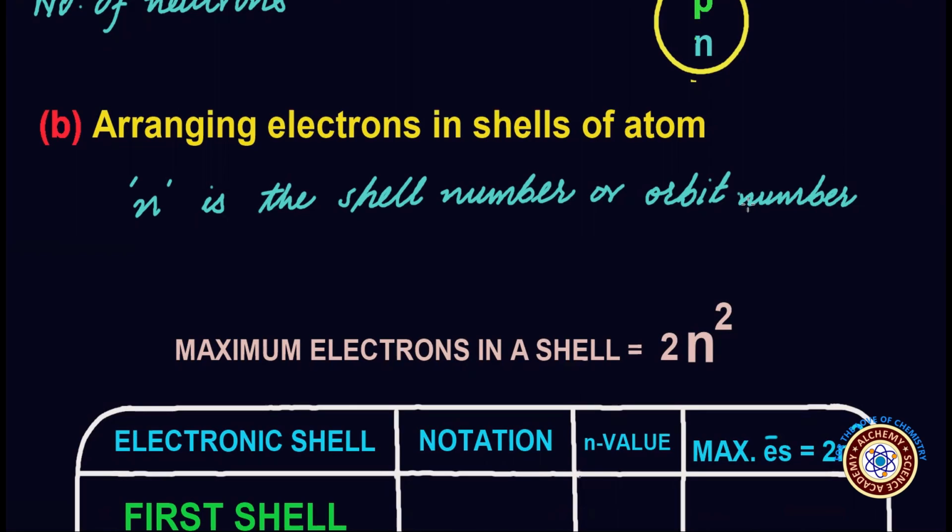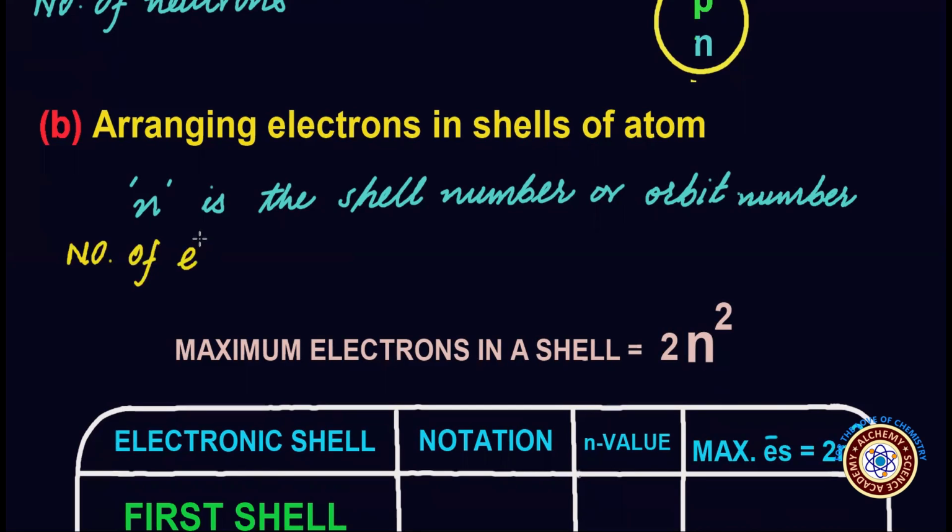Now the question arises: how many electrons must be arranged in shells of an atom? The answer is equal to its proton number, because an atom is an electrically neutral particle, and that is possible only when the number of protons in the nucleus equals the number of electrons in the planetary of the atom.